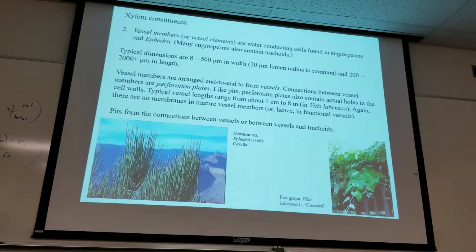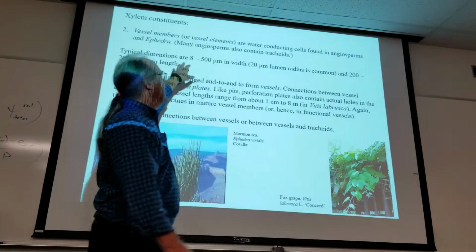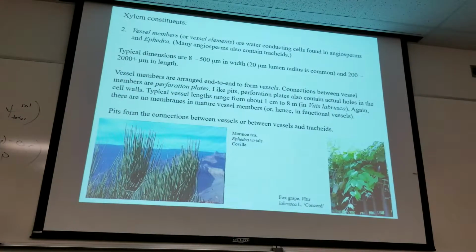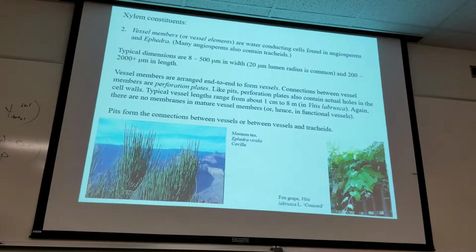And by bad stuff, typically that's a bubble of air. Yeah, an embolism. So xylem vessels and tracheids embolize quite frequently. And the plant has to make sure that embolism, just like in your circulatory system, that's bad news for you. It's bad news for the plant too.